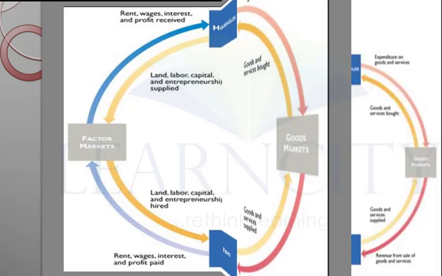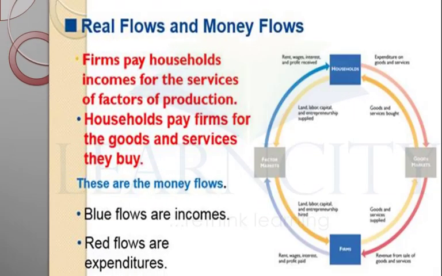Now the real flows and the money flows show again that firms pay households income for services or factors of production. Households pay firms for the goods and services they buy. These are the money flows, right? It shows how money moves from households to business firms, and from business firms to the households.